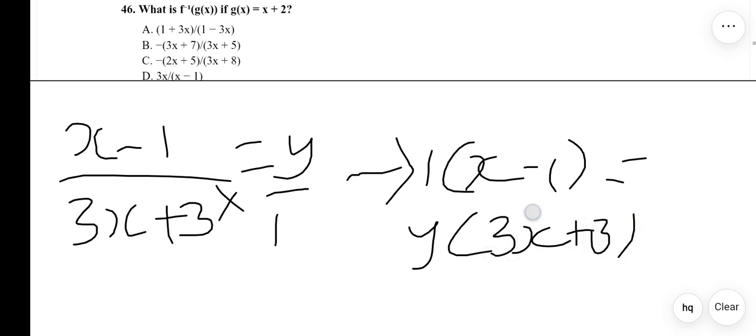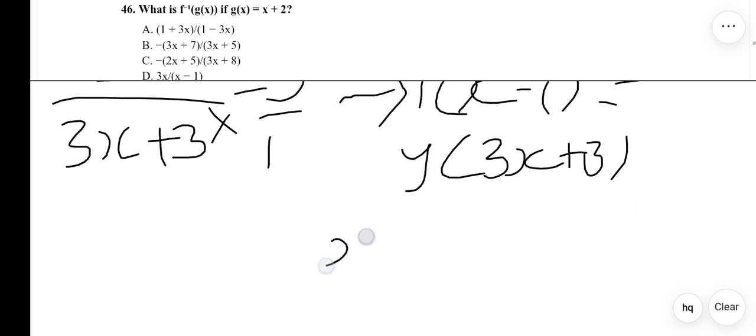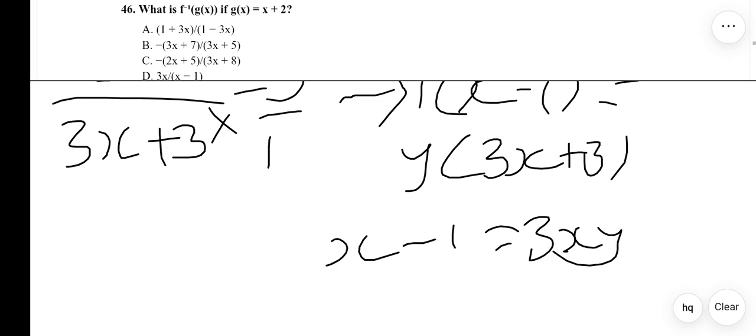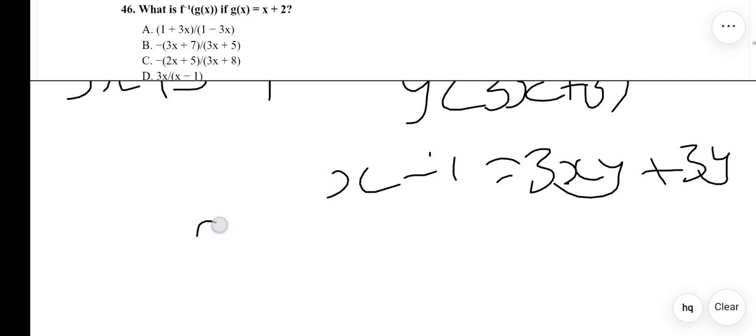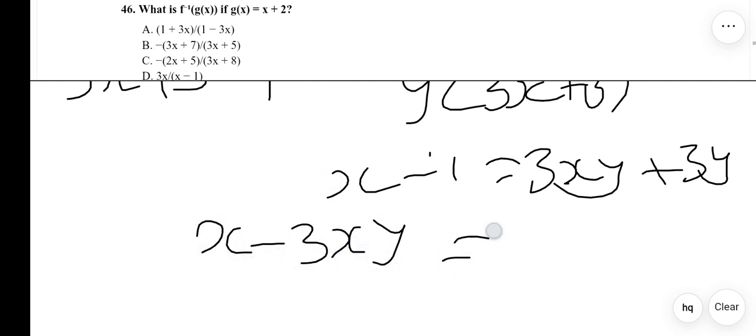So 1 times x will give me x, 1 times 1 will give me 1, y times 3x will give me 3xy, then this y times 3 will give me 3y. So all the ones that have x, I'm going to take to this side. So I will have this 3xy come to this side. So it changes to minus 3xy. Then this 3y is there before. This minus 1 will come to this side, to become plus 1.